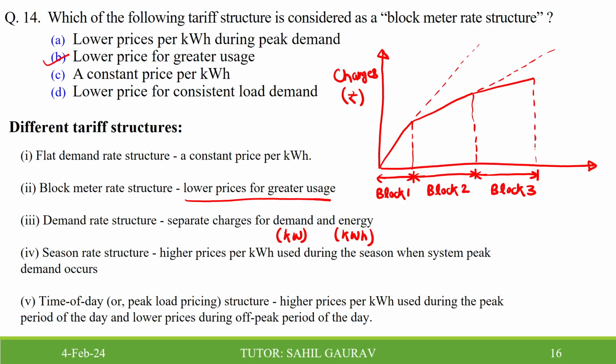And then there is a variable charge, according to the amount of energy consumed, like 4 rupees per unit or 5 rupees. I don't know about UP, but in Bihar it is like that. So it depends upon the state and country. Different places have different rules, and the energy charge is also different everywhere.